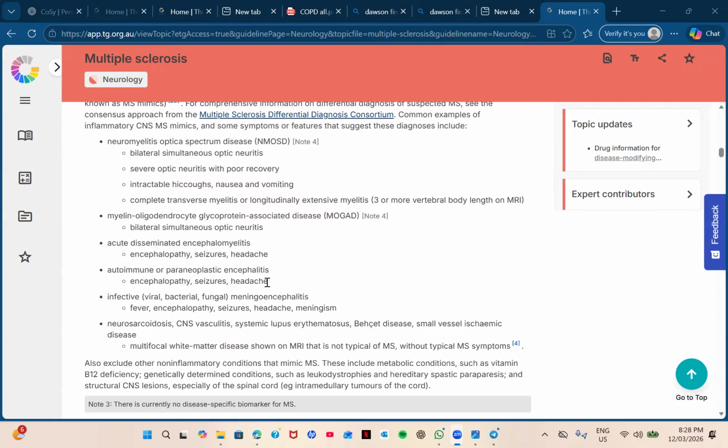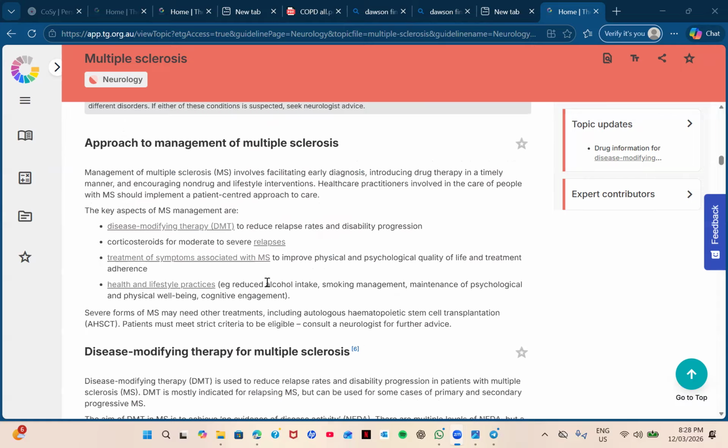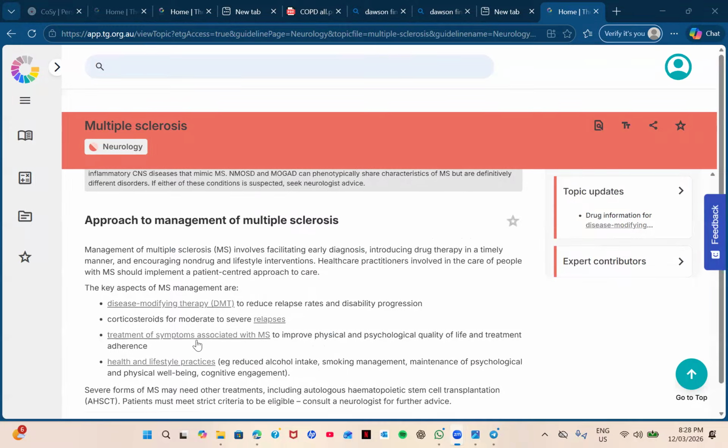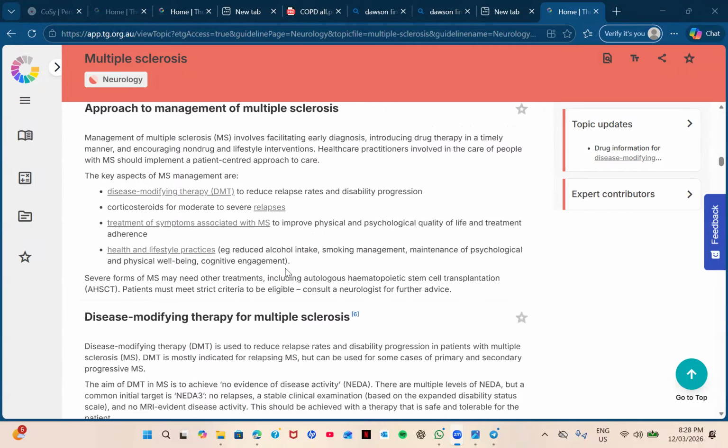Okay, so next one, you should know about the treatment. So now tell me, what is the mainstay of treatment, doctors? Because that is another important one. Okay, Doctor Rehan, when should you use methylprednisolone, in which case in multiple sclerosis?